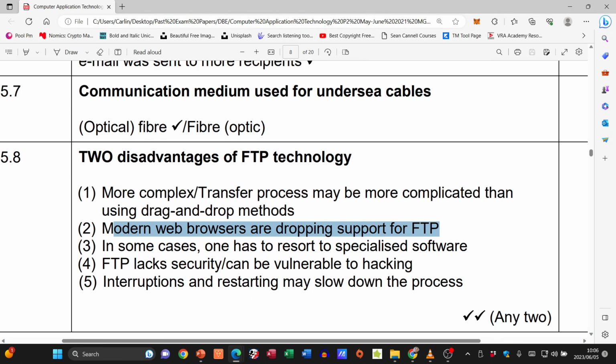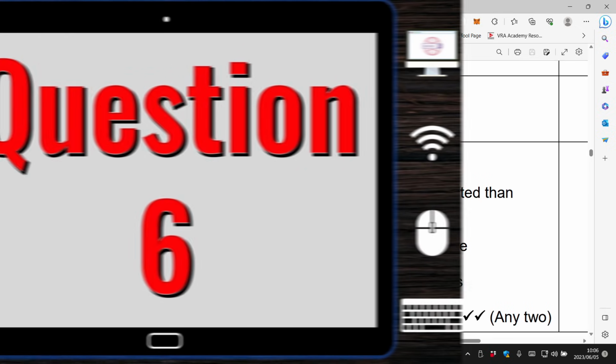In some cases, you've got to resort to a specialized piece of software. It does lack security, so it's vulnerable to hacking. And there can be interruptions and restarting that takes place that actually slows down the entire process. So any two of those. And again, if you have a valid disadvantage that might not be listed here, that would also be okay.